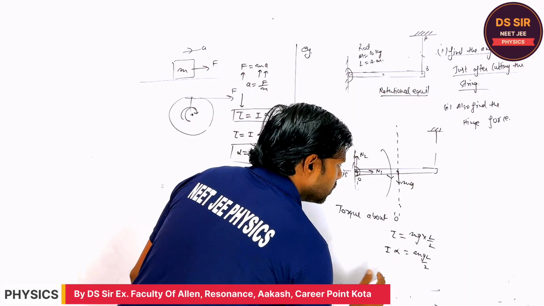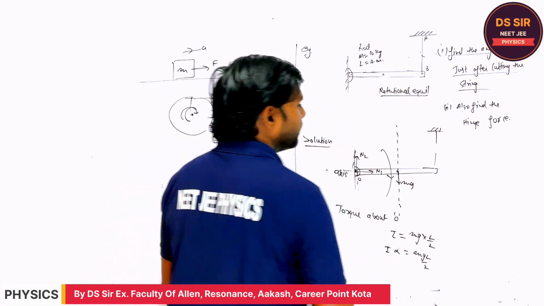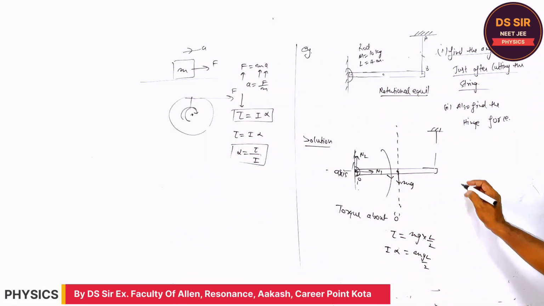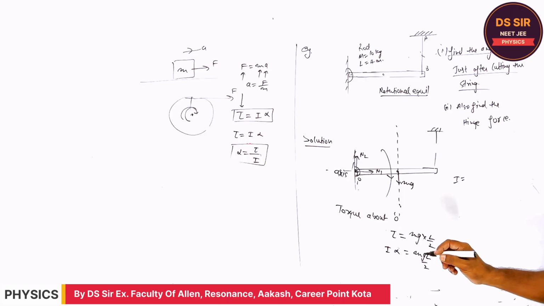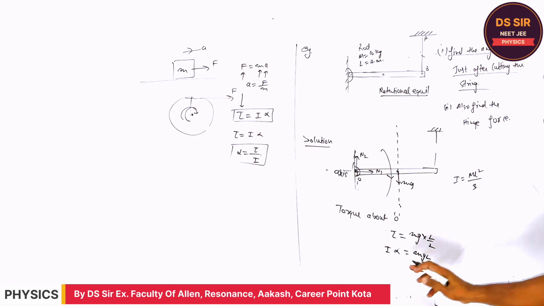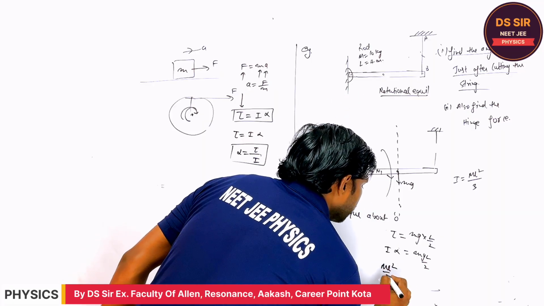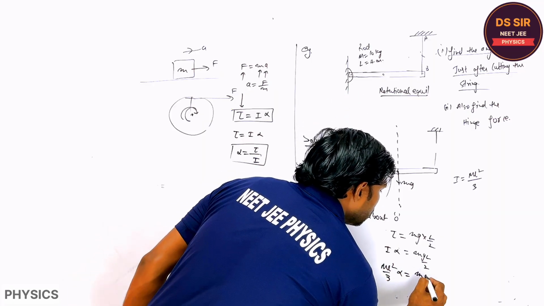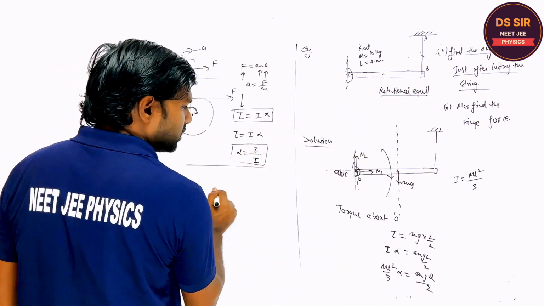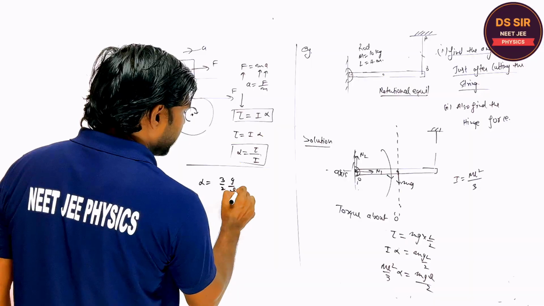What is the moment of inertia of the rod about one end? ml square by 3. So I will put the value: ml square by 3 into alpha is equal to mg into L by 2. So here alpha is 3 upon 2 g by L.